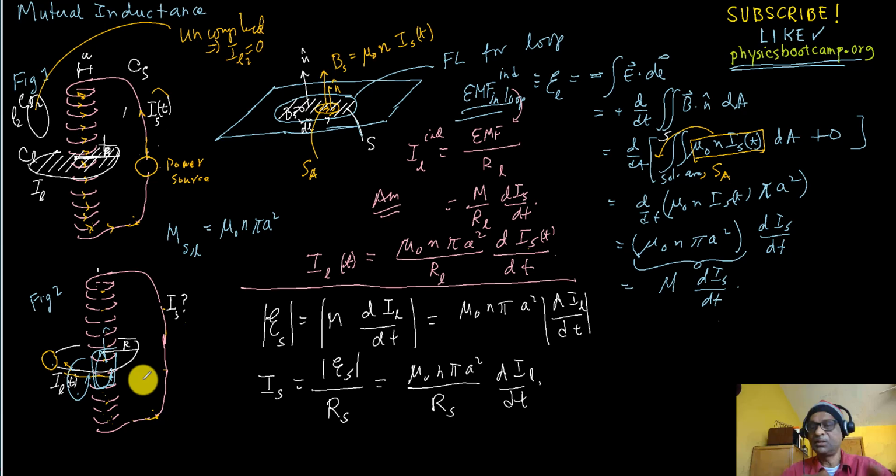Even if the solenoid doesn't have any current source, you can induce a current through this mechanism. There are lots of applications of this, trying to induce current from a distance. This loop and this loop are not physically connected, but they are connected through the mechanism of electromagnetic induction.